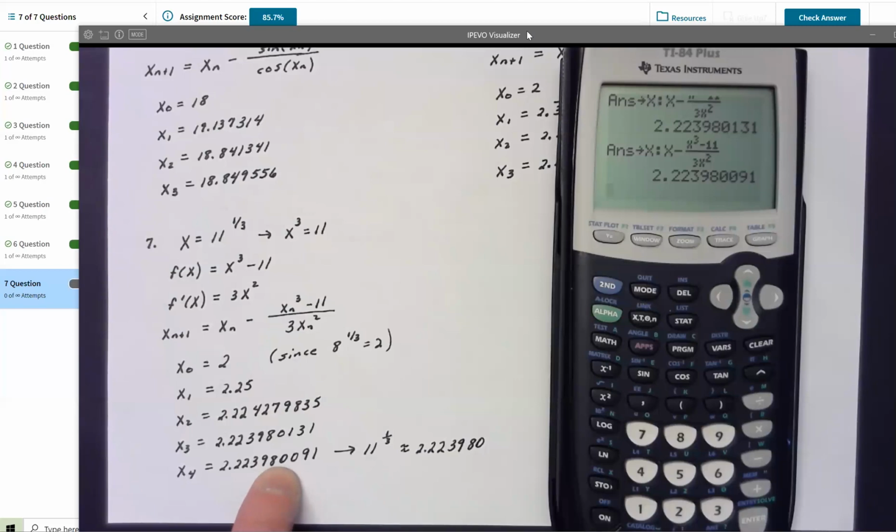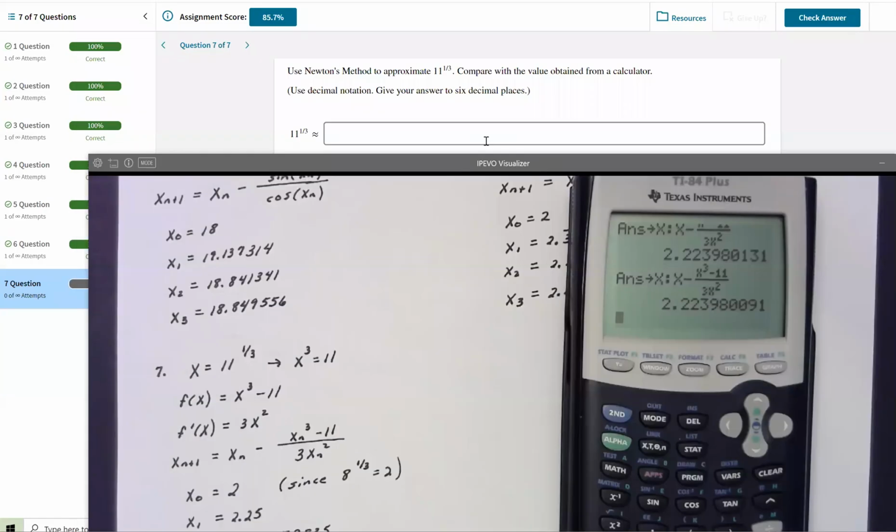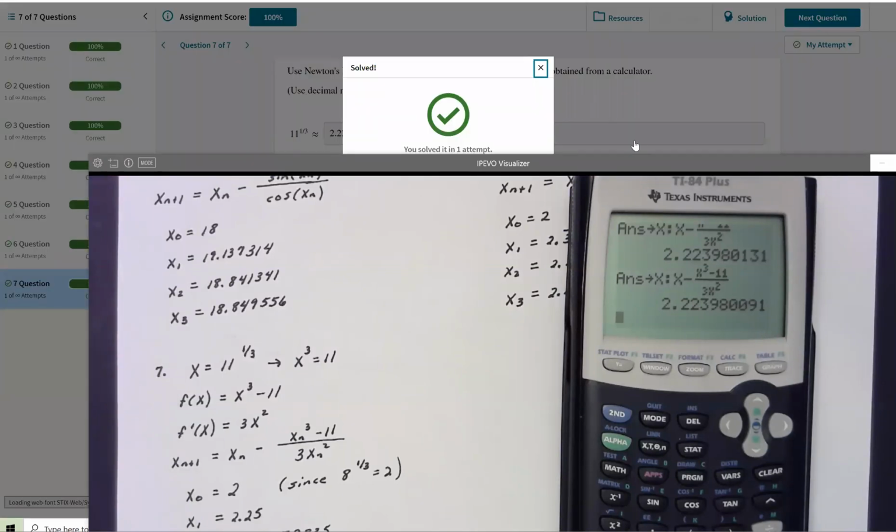And it doesn't matter whether the next digit is 0 or 1, that's going to be 80 anyway. And so now I would just go in here and say, well, they agree to 6 decimal places by the time I get out to my fourth refined guess. So I'd say 2.223980 was my answer. I checked that answer and it says correct.